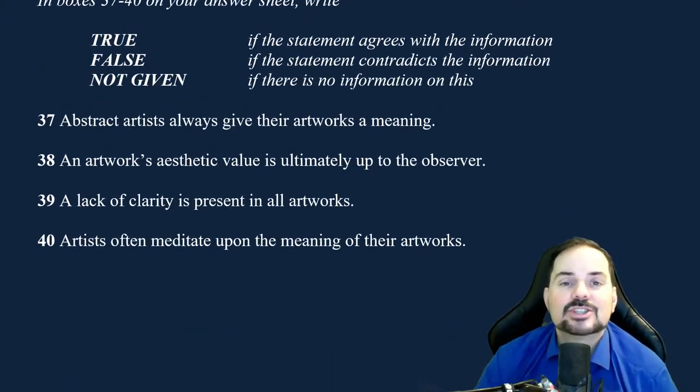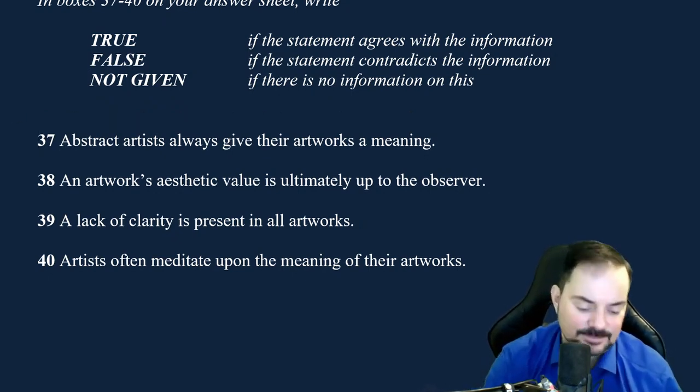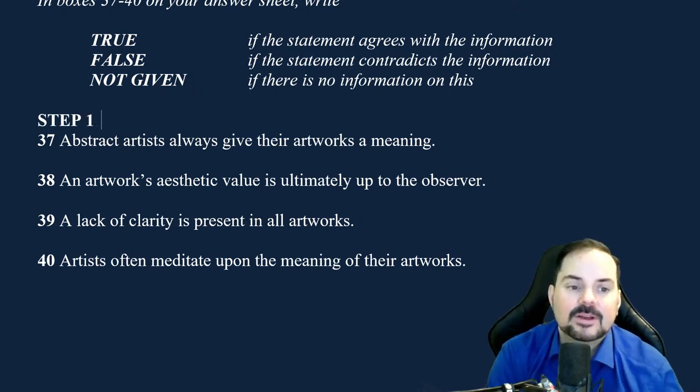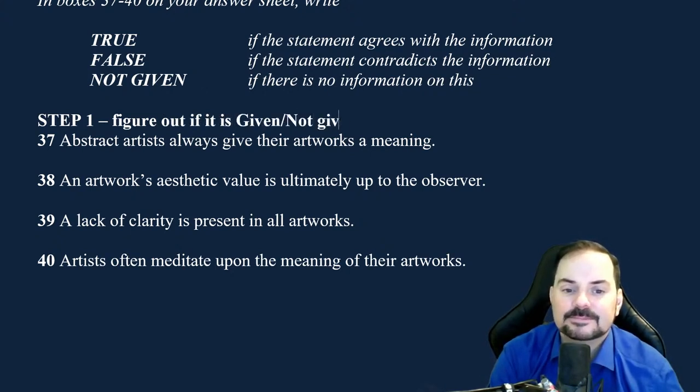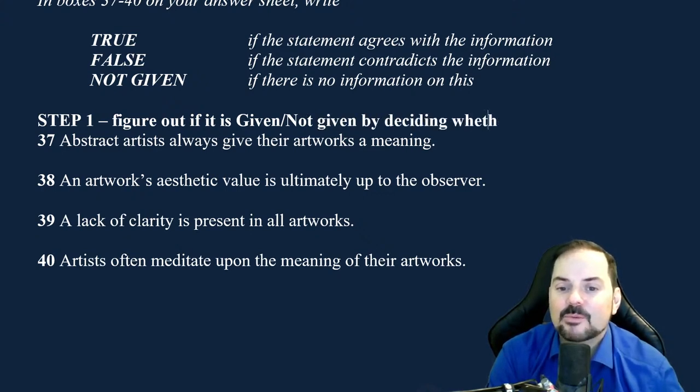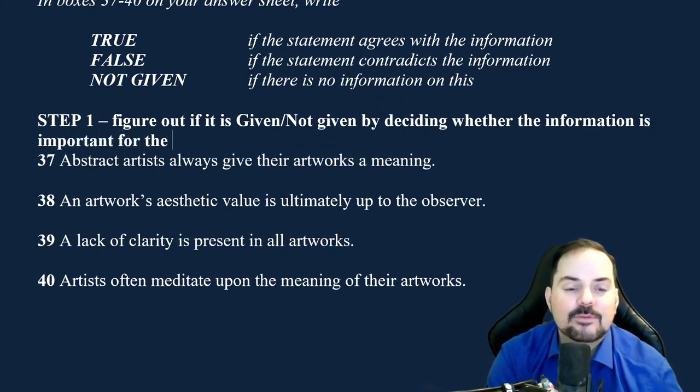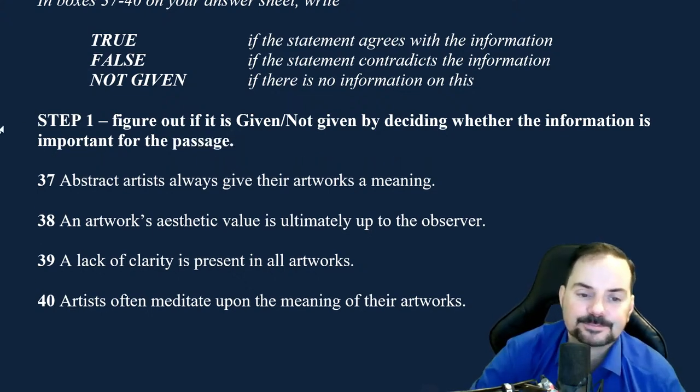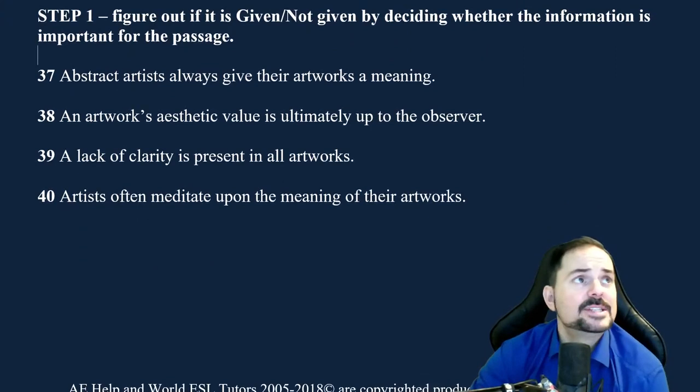Here is the strategy for true, false, not given. Step 1. Figure out if it is given or not given by deciding whether the information is important for the passage. Okay, so this is how we do it. 37.